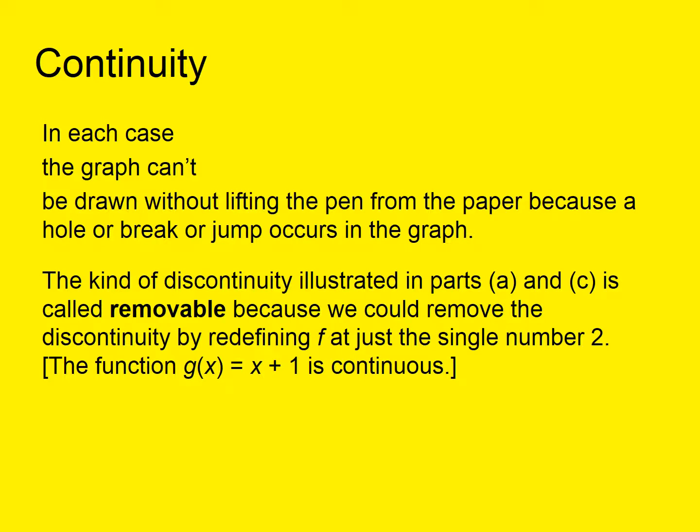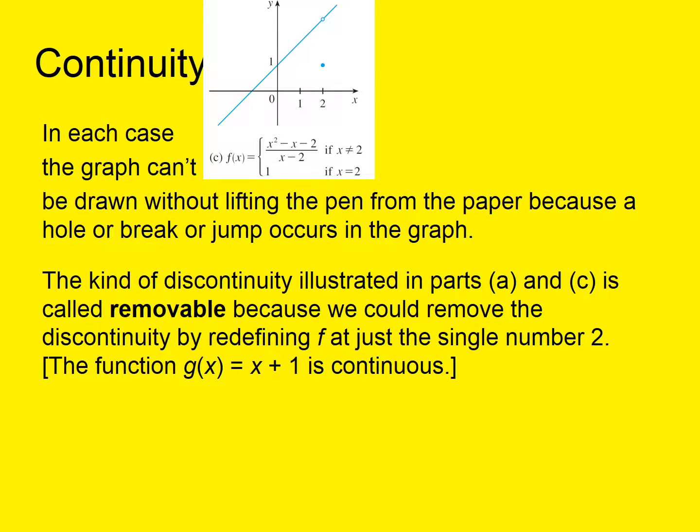The kind of discontinuity illustrated in parts A and C is called removable, because we could remove the discontinuity just by defining f at the single number 2.